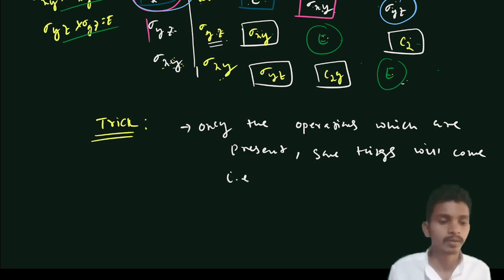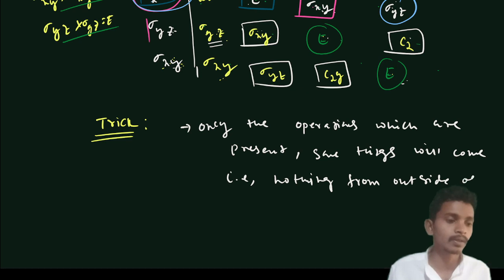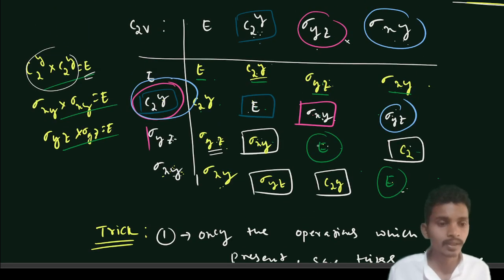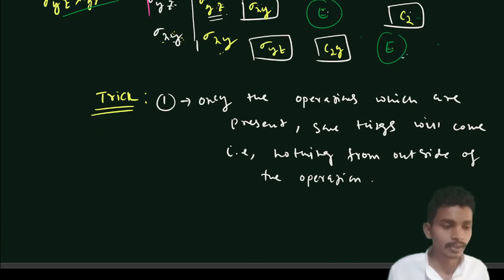I mean nothing from outside the symmetry operations. What are the symmetry operations there? Outside of the operations for that particular point group, nothing will come. Whatever comes, any of these four will come here, nothing from outside. Okay, that's what I mean here.